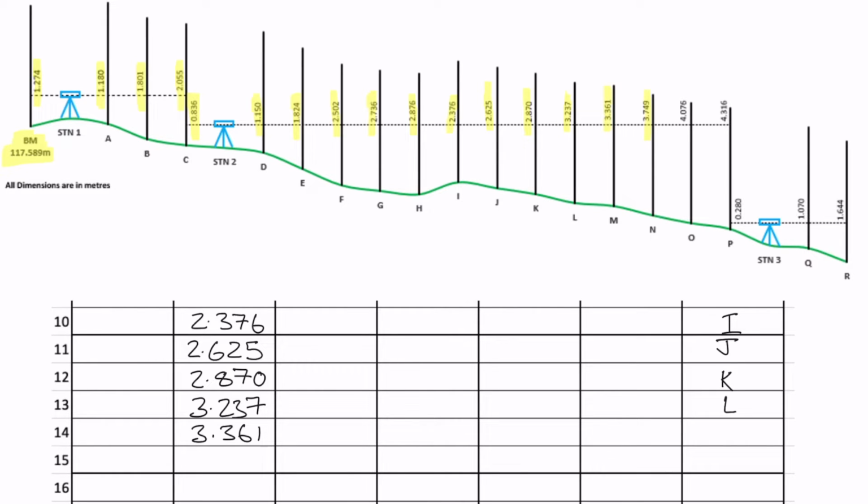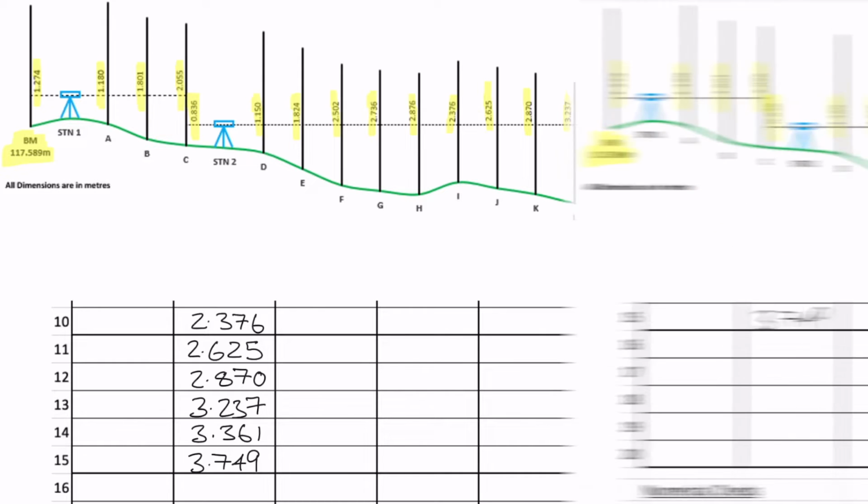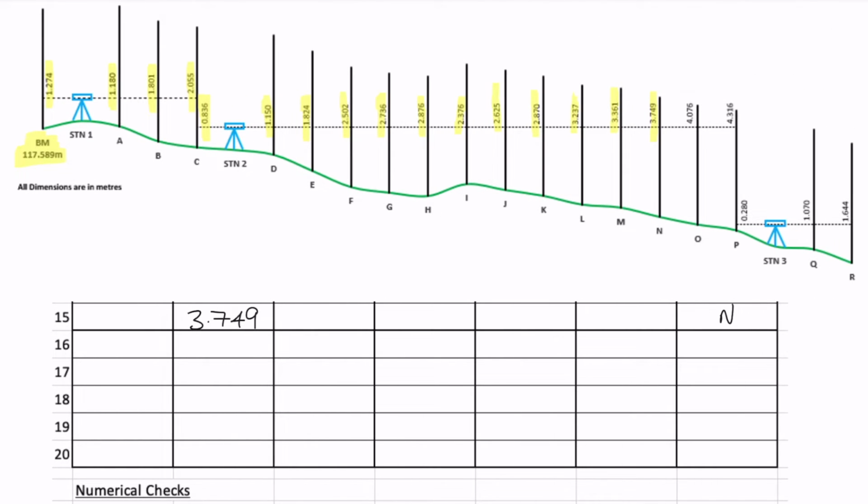Point N, 3.749. After point N comes point O. It is also another intermediate, 4.076.